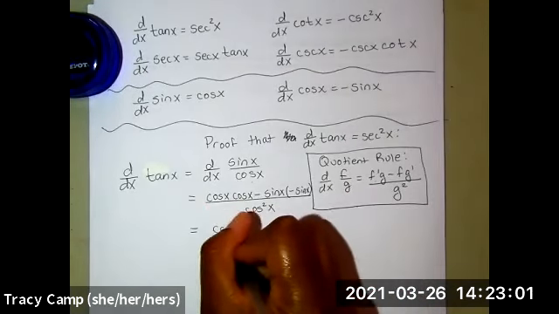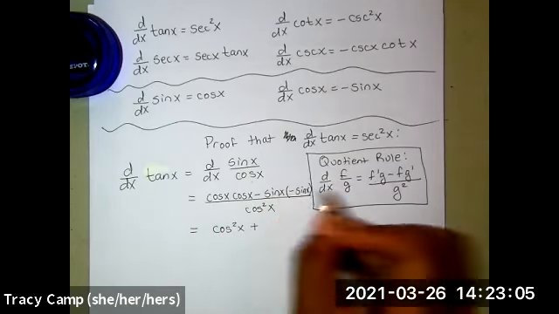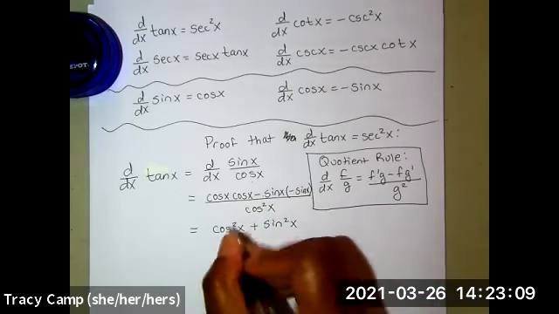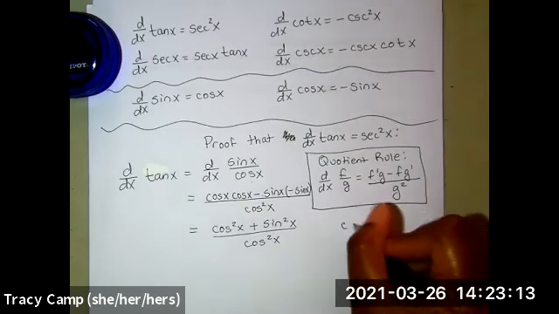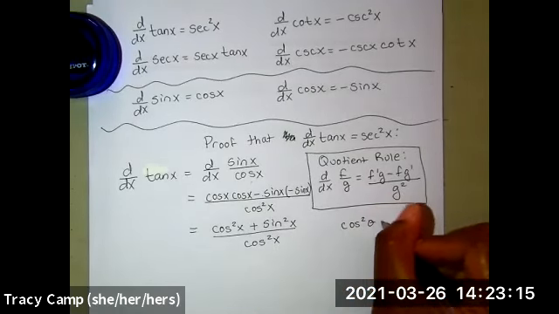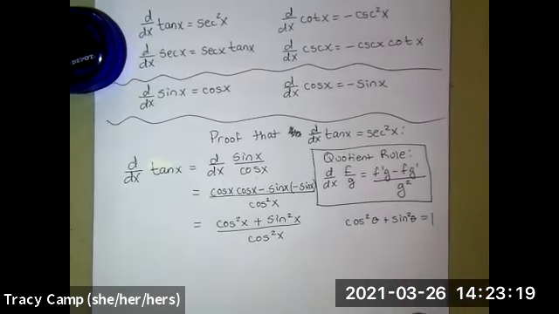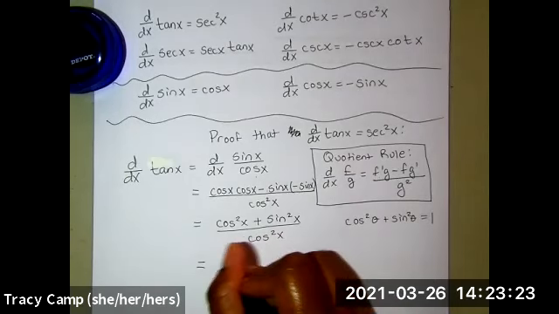So I end up with cosine squared x plus sine squared x because of the double negative, and then that's over cosine squared x. And then use your trig identity, this one. So cosine squared x plus sine squared x is 1.